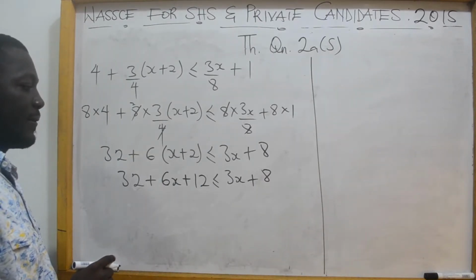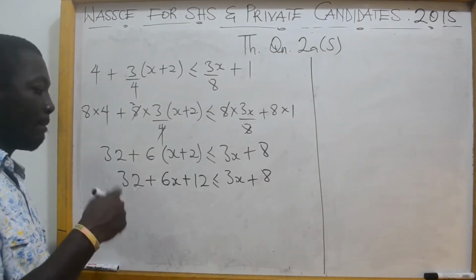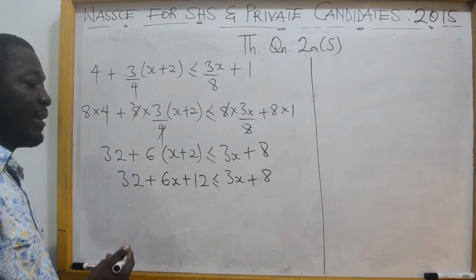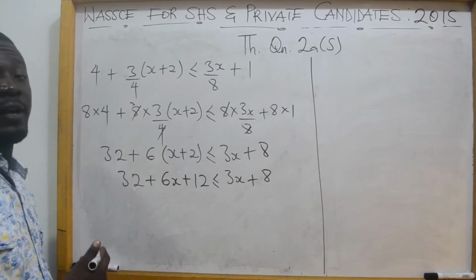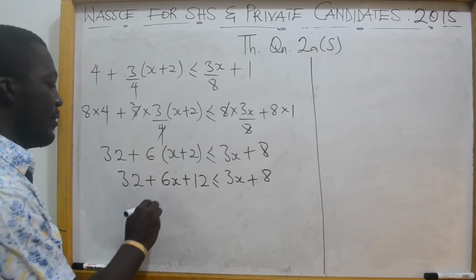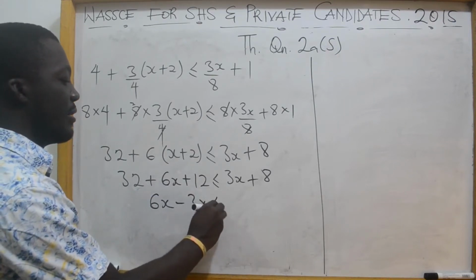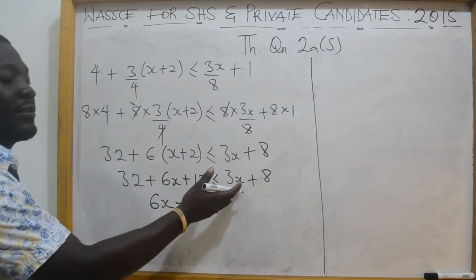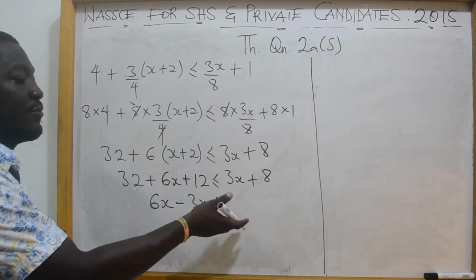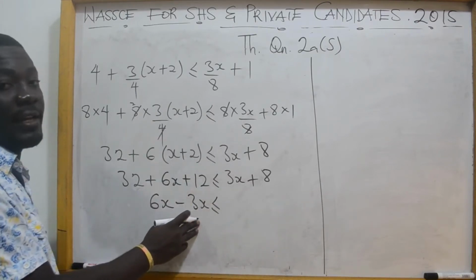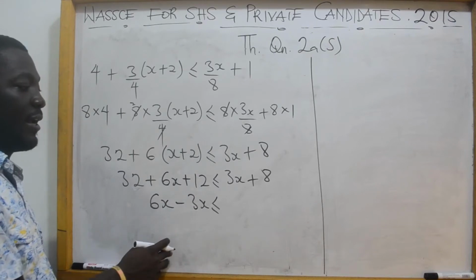And the next step, we bring the ones with the x's to the left hand side and those without the x's to the right hand side. We get 6x minus 3x is less or equal to, this 3x is at the right hand side, so when you transpose to the left hand side it becomes negative 3x.